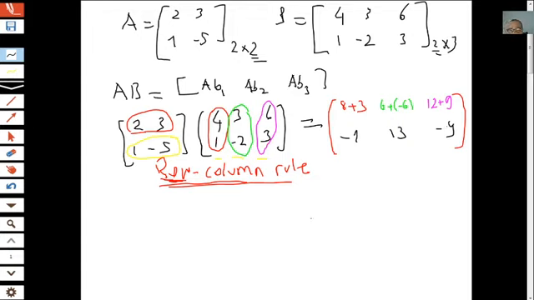Therefore we have 11, 0, 21 in the first row, and minus 1, 13, minus 9 in the second. Okay, this is the multiplication of the matrices.